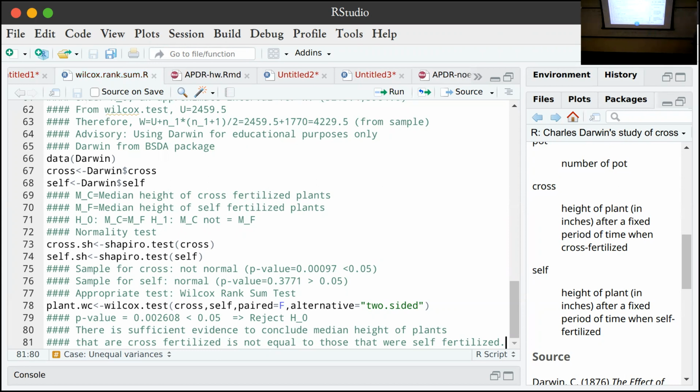And I'll post the scripts in Canvas. Run it, understand it, everything in conclusion. If you have questions, what do you do? Ask. Good. Okay. Thursday we will start Wilcoxon Rank, and then we should be done.